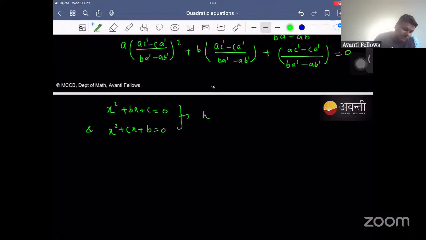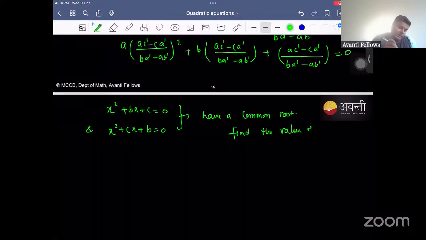Now these two equations have a common root. Find the value of b plus c. Just give it a try.